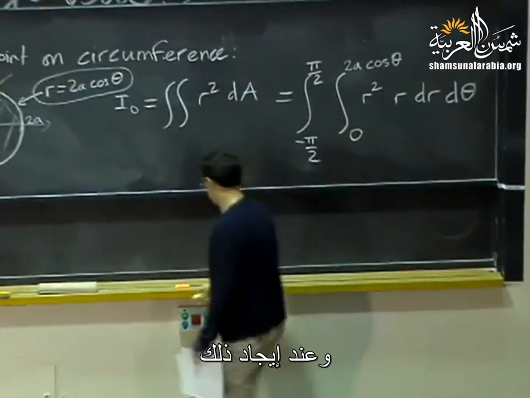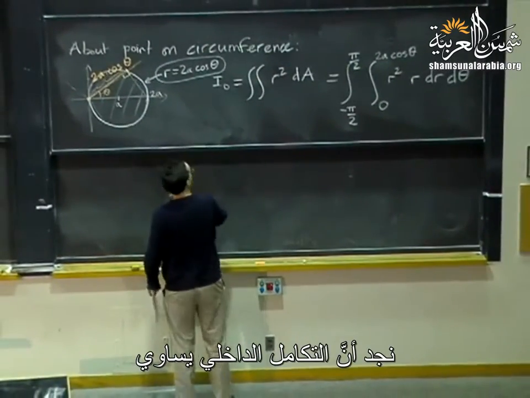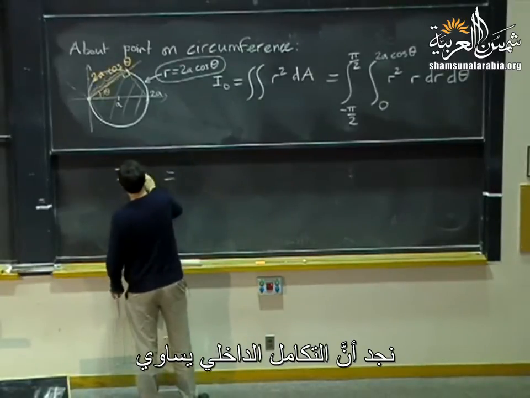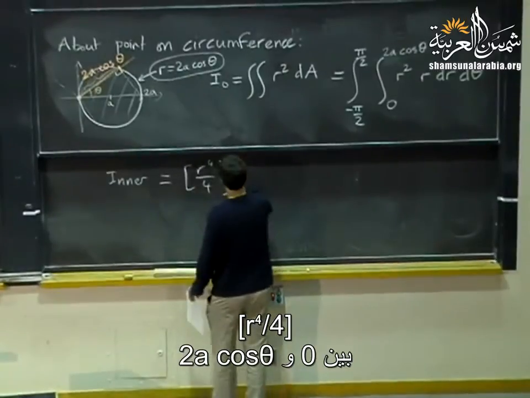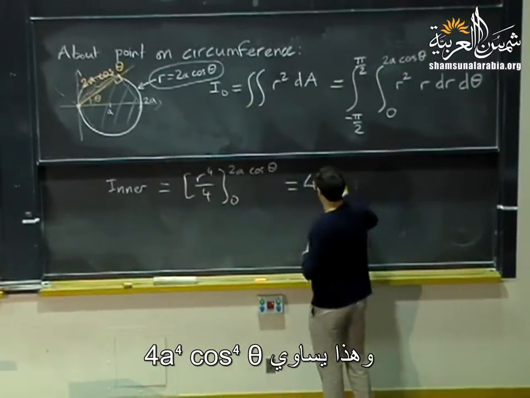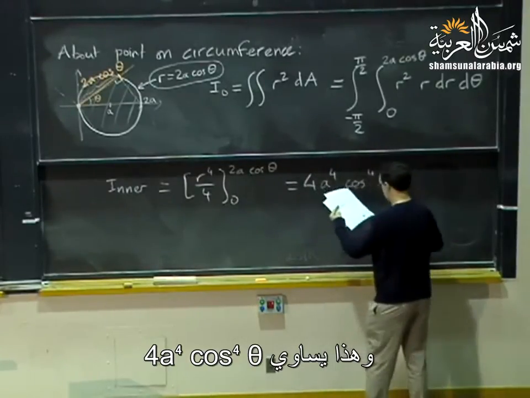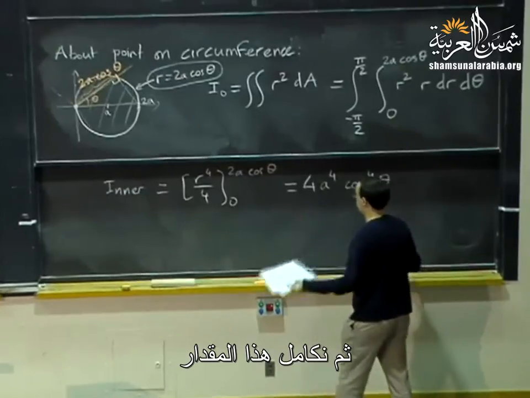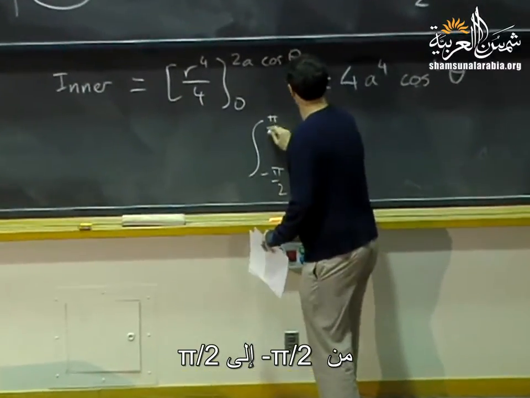So now if you compute that, well, the inner integral will be r to the 4 over 4 between 0 and 2a cosine theta, which will turn out to be 4a to the 4 cosine to the 4 theta. And now you will integrate that from minus pi over 2 to pi over 2.